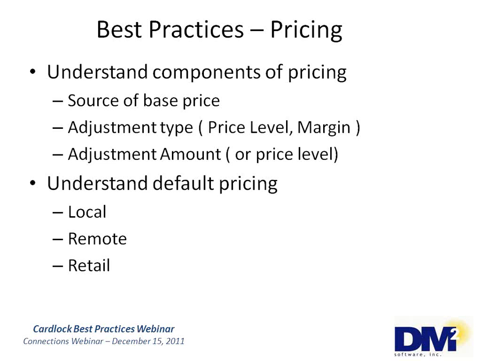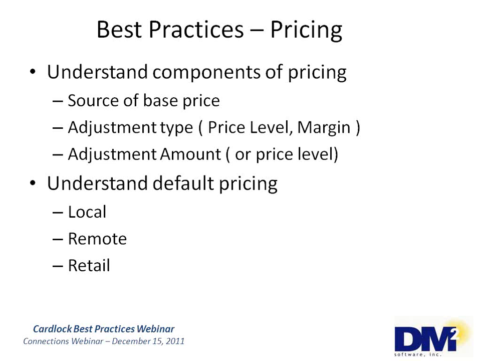The key thing to pricing is to understand the components of pricing, because we all know that we have three types of transactions out there. We have local, and then if you're on a network, you have remote transactions, and you may have retail transactions. And we won't even talk about foreign sales.